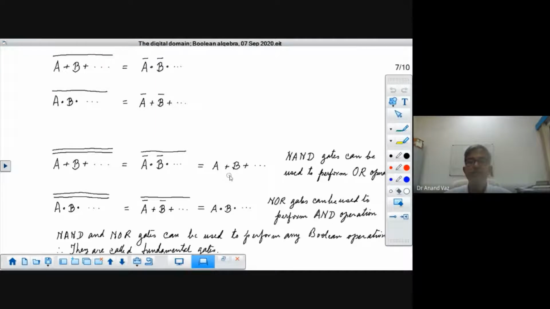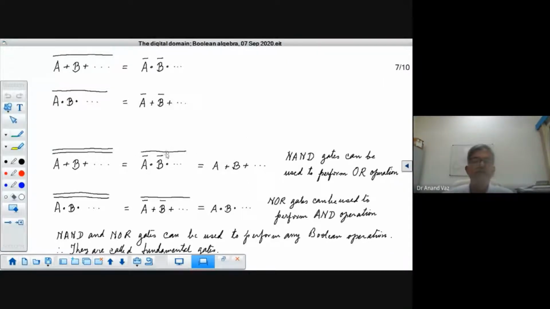So this is just A or B or C and so on. And here you can realize this by just using NAND gates. So NAND gates can be used to perform OR operations. That is an important point. If you don't have OR gates, you can use NAND gates.